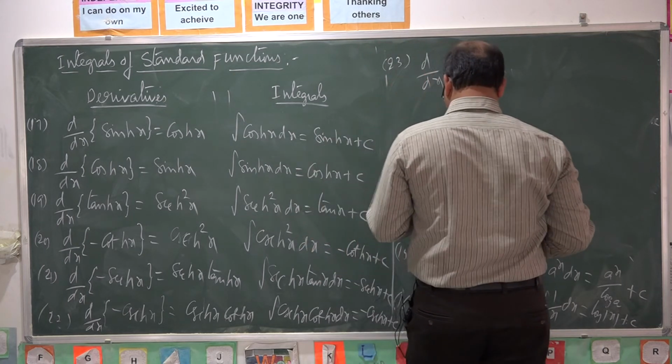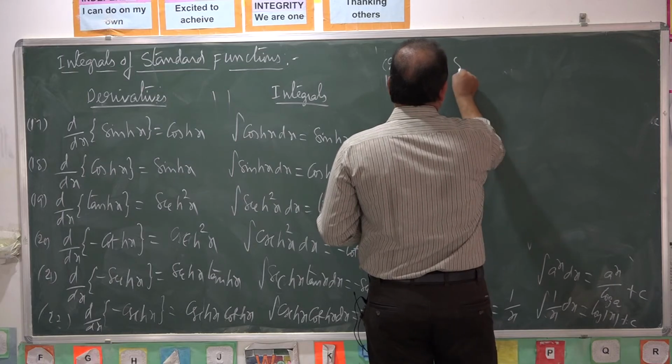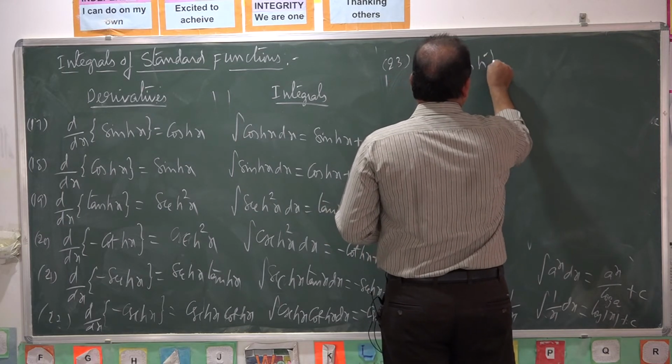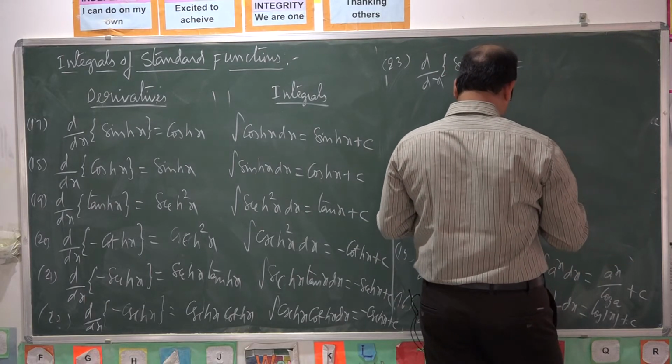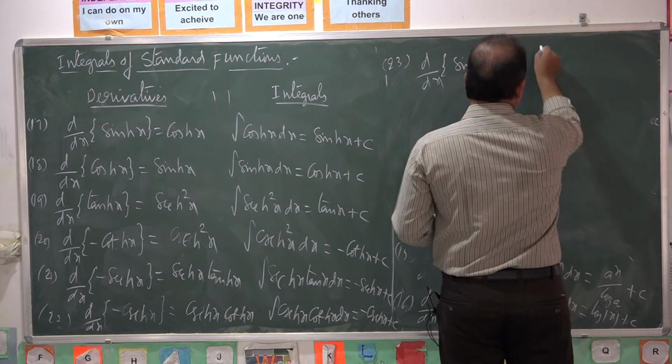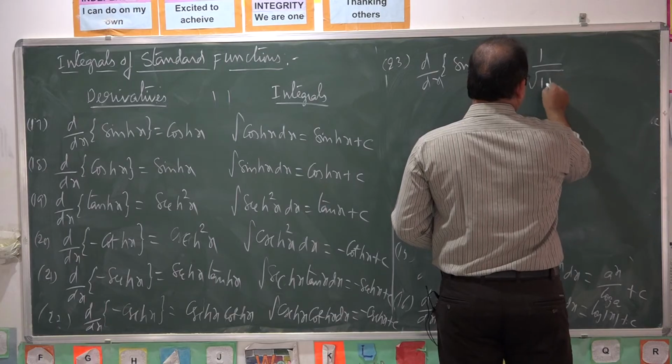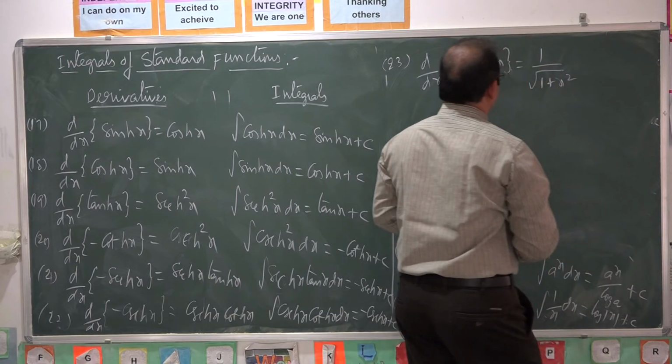d by dx of sin h inverse x is equal to 1 by root of 1 plus x square.